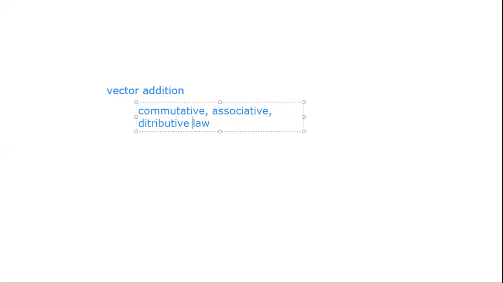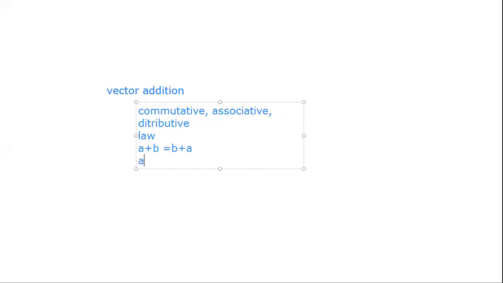Okay, these three laws it obeys. What is meant by commutative law? A plus B equal to B plus A, right? A plus B equal to B plus A is the commutative law.